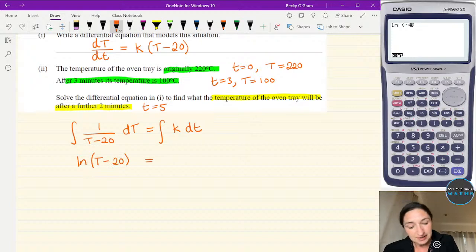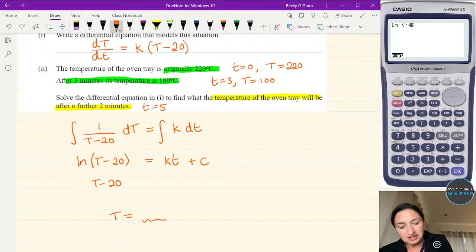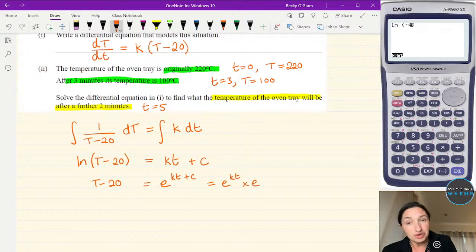On the right hand side, integrating k with respect to t is kt plus c. So then if I want T minus 20, and remember our aim here is to get some equation in T, so that's why I'm unpacking what's happened to T. So we would do e to the kt plus c. Now that is equal to, just using our laws of powers, that would be the same as saying this.